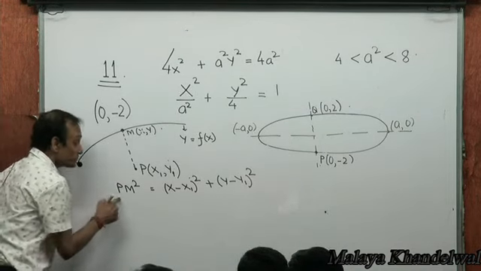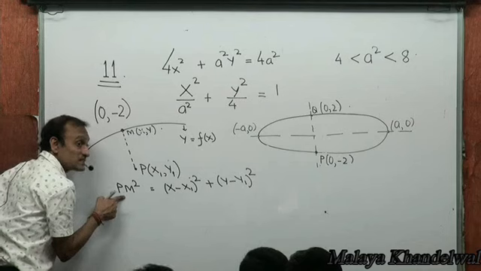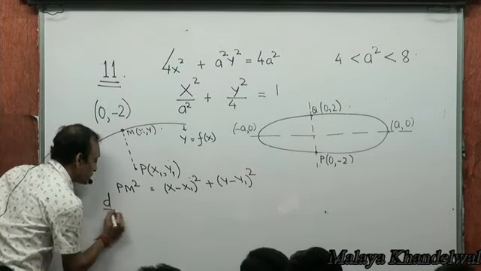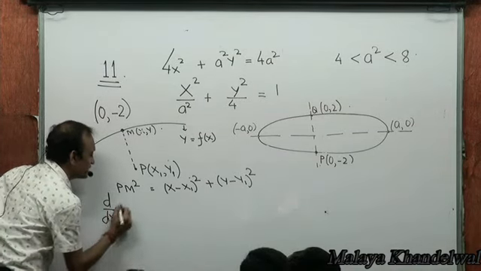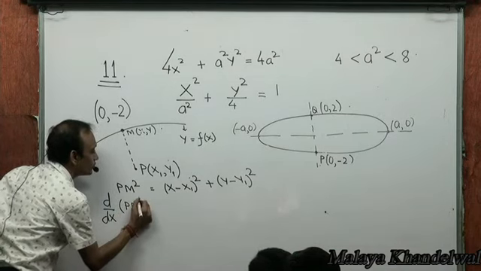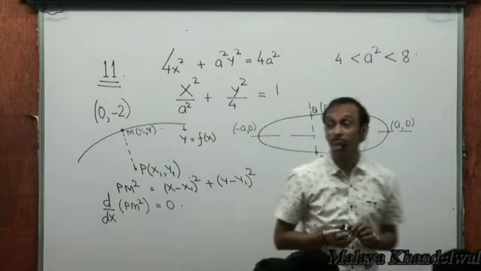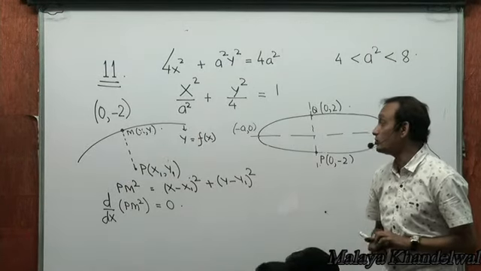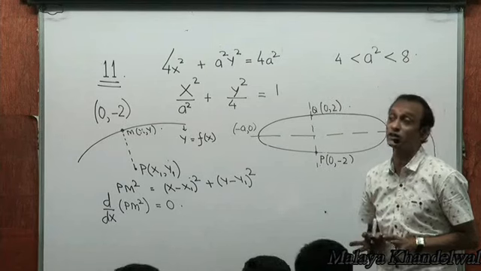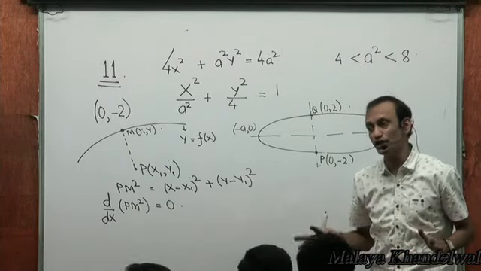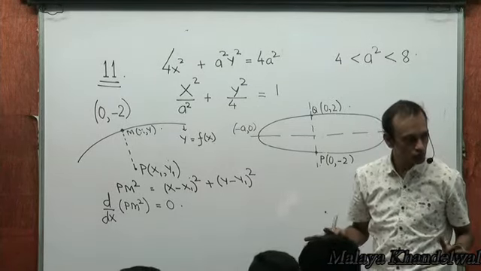Now, this PM squared would be minimum or maximum if d/dx of PM squared is 0. Then PM squared, and therefore PM, would either be the shortest distance or the greatest distance. Right?